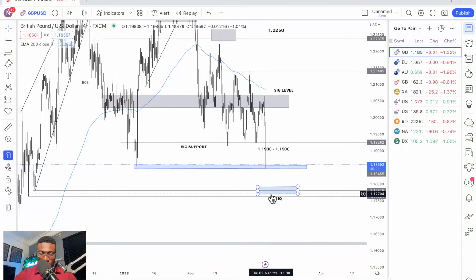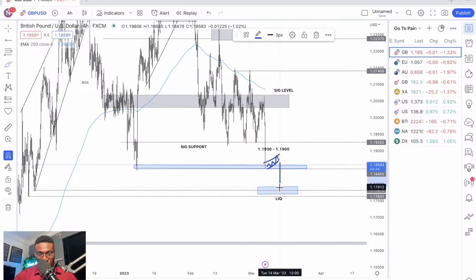So we still have space to the downside on pound dollar markets, but we obviously want to see how the market reacts to this zone. We want to see if we can get a little pullback to the upside and another break to come down here, or a consolidation on this key level where you get to see some indecision candlesticks with low momentum and then another break to the downside.